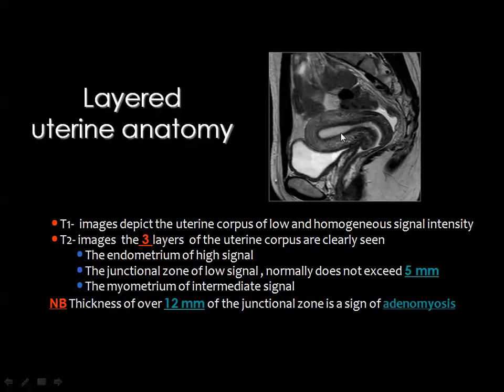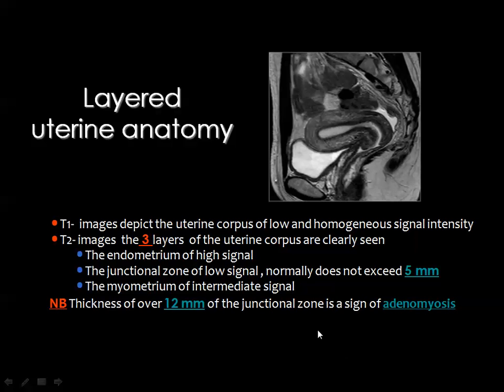And here you see the endometrial cavity, and you see the junctional zone, and you see the myometrium, which is of intermediate signal. The junctional zone is dark, and the endometrium is bright.